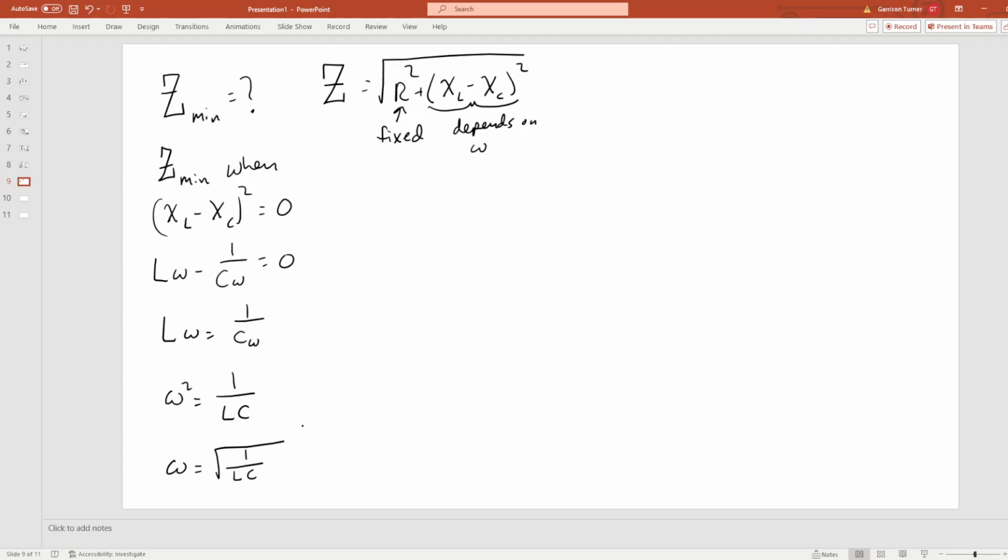This is just the frequency from the LC circuit that we saw previously in an earlier chapter. But here, this is what we call the resonant frequency.